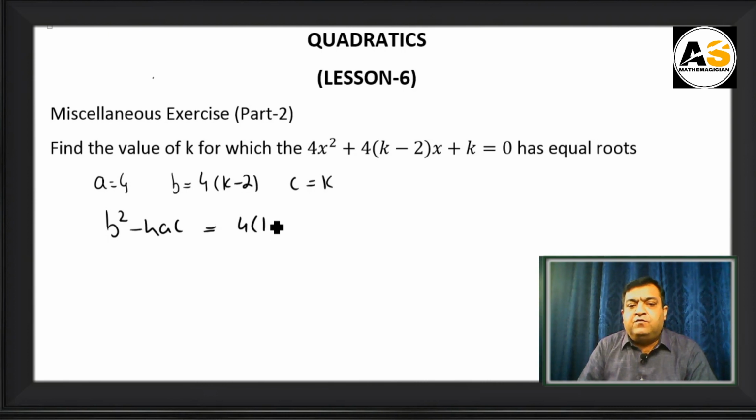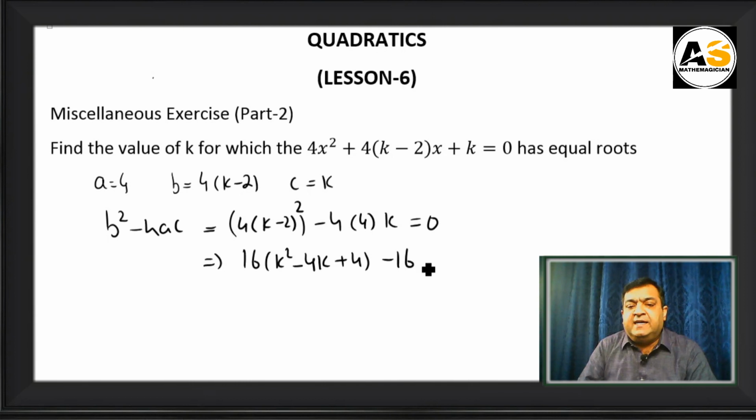That means 4 times (k minus 2) square minus 4 into a into c is equal to 0, which implies 16 times (k square minus 4k plus 4) minus 16k is equal to 0.